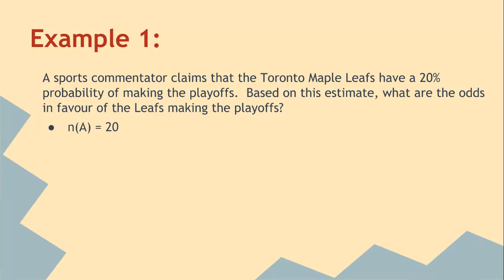We could say n of A is 20 and n of S is 100, so we just use the total as 100%. So n of A prime is 80. The odds in favor are going to be 20 to 80, which is the same thing as 1 to 4. They would make the playoffs 1 time and not make the playoffs 4 times.